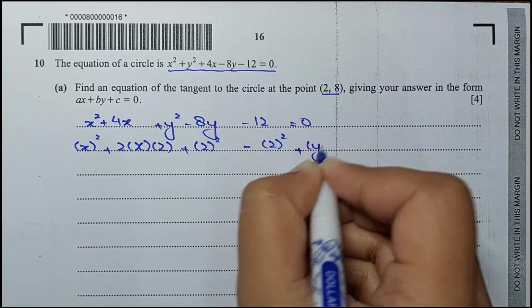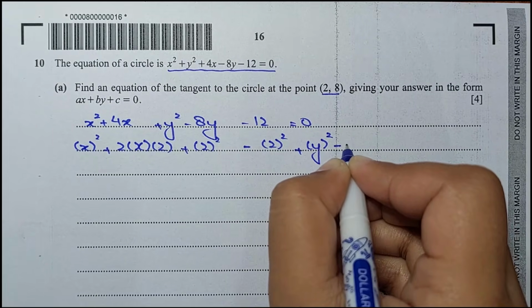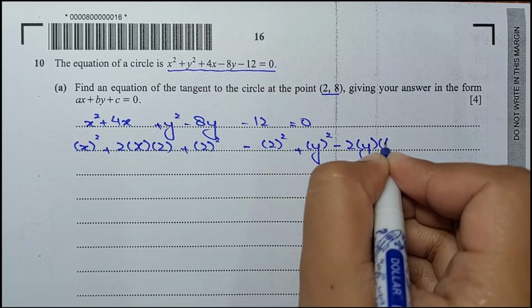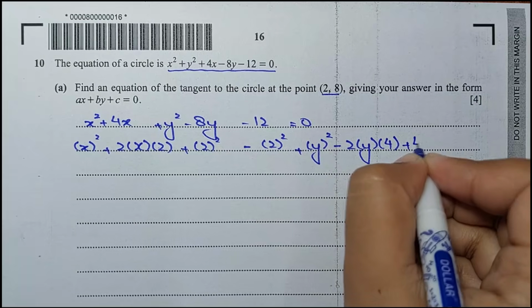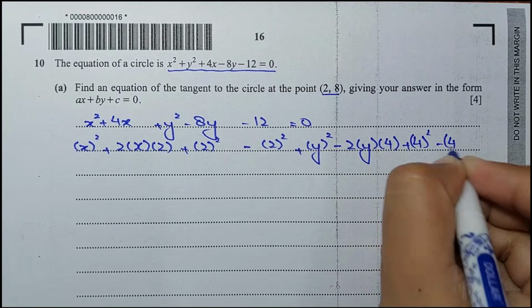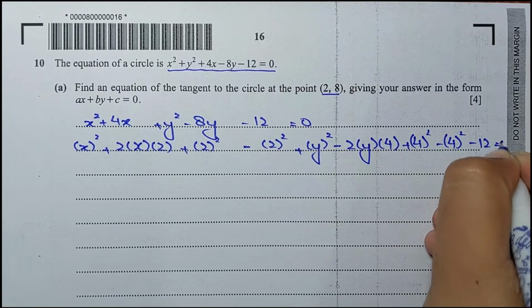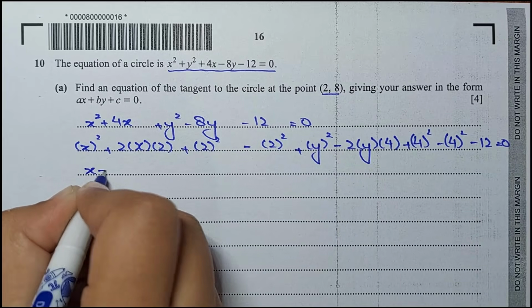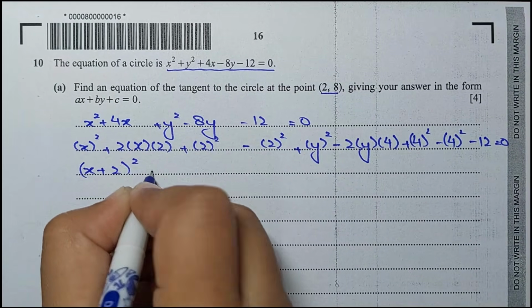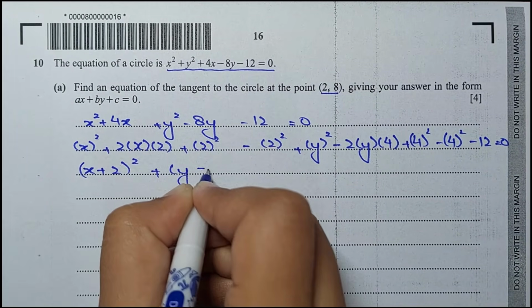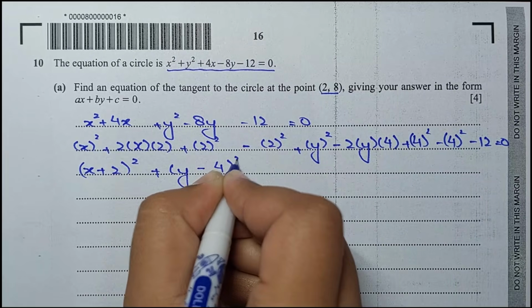And we have y squared minus 2 times y times 4, which is 8y, plus 4 squared and minus 4 squared, and minus 12 equals 0. Combining, this is x plus 2 whole squared and y minus 4 whole squared.